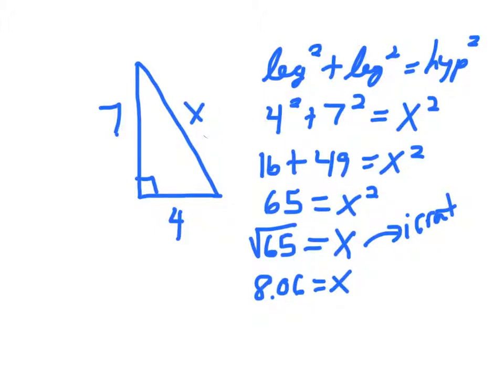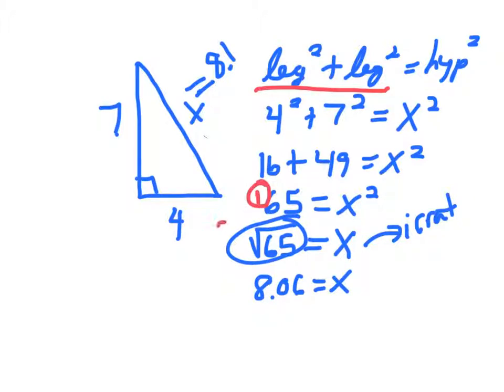And usually we round to the tenths place, so we're going to say x equals about 8.1. Or sometimes we just leave it as the square root of 65. So in this case, we knew both legs, and when we know both legs, we square them and add them to find the hypotenuse squared. And then we have to remember that the second part is we're going to take the square root.